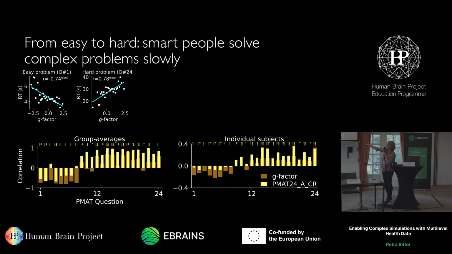But what we found, what was interesting, was that this is the relationship for the first, the easy task, the relationship between the G factor, the intelligence factor, and the reaction time. And here you see that when the people were smarter, they reacted faster.